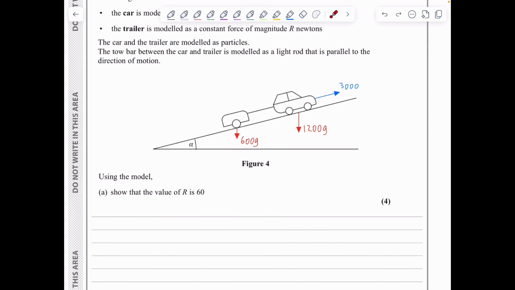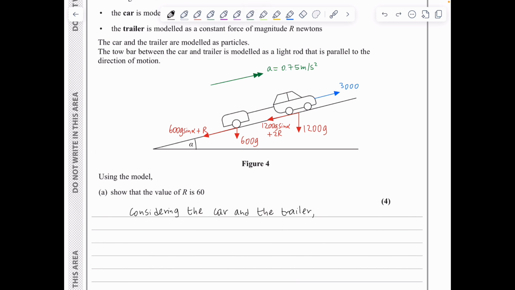And then we've got the component of the weight plus the non-gravitational resistive forces acting on the car and the trailer. So we're looking at 1200 G sine alpha plus 2R on the car and 600 G sine alpha plus R on the trailer. And we've got an overall acceleration of 0.75 meters per square second. So I will be considering the car and the trailer together.